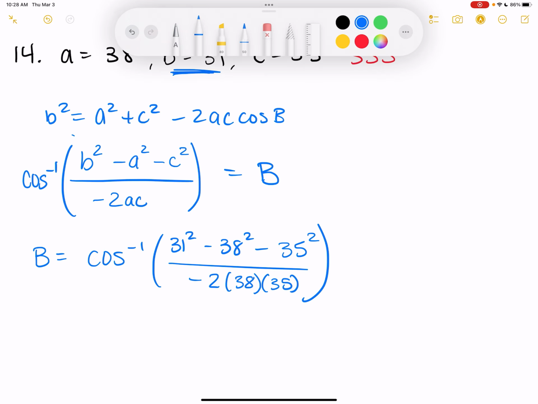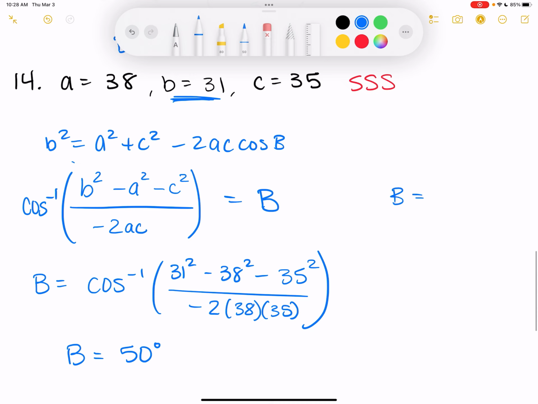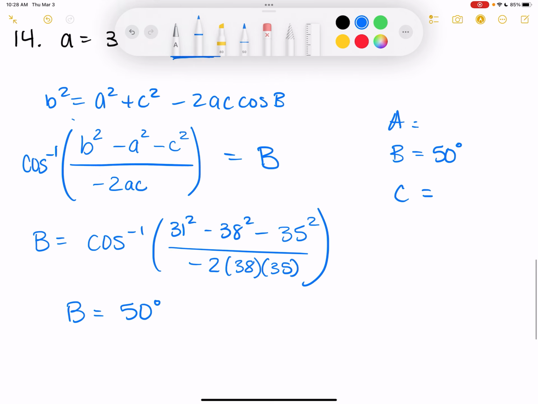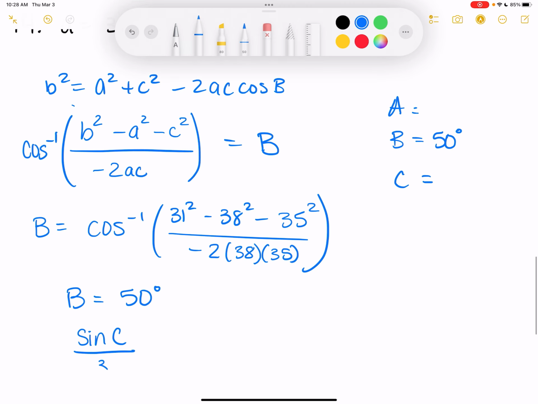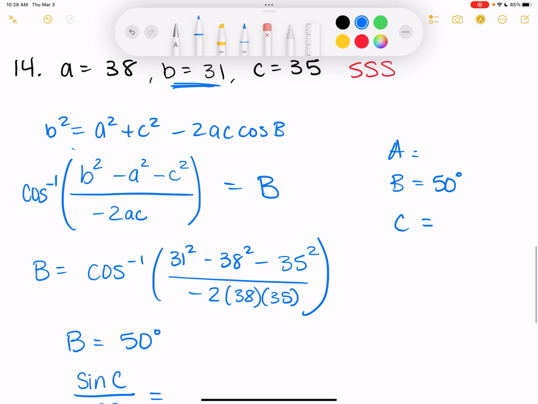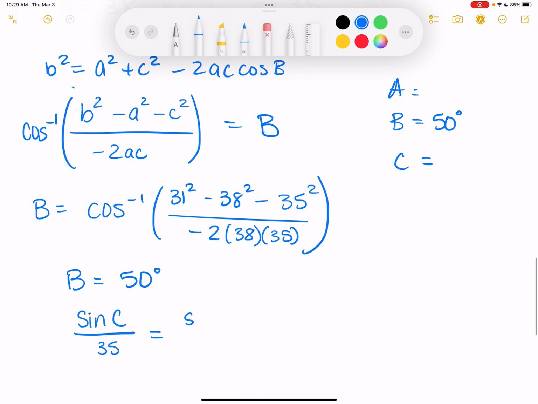Okay, so we got that B is equal to 50 degrees, right? Yes. Okay, so then I still need angle A and angle C. What's the next smallest one? C. Okay, so sine of C over C is 35 is equal to, I have both parts of B now, so sine of 50 over 31.